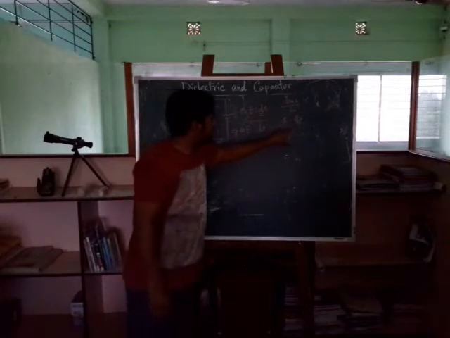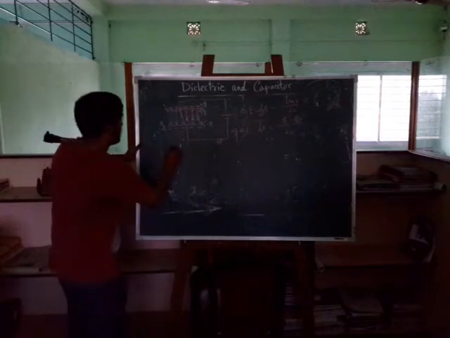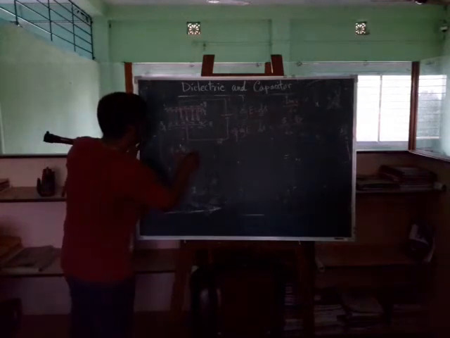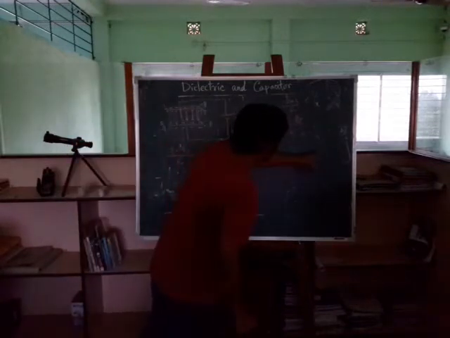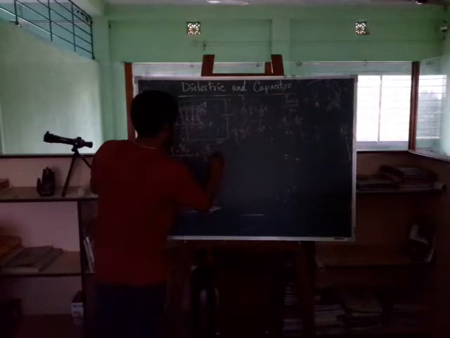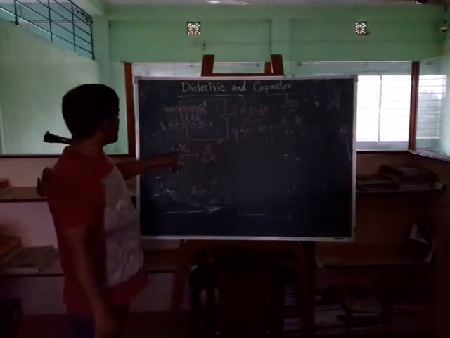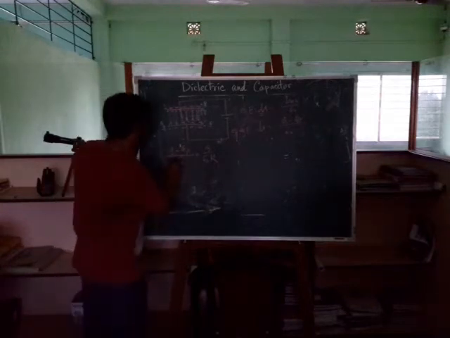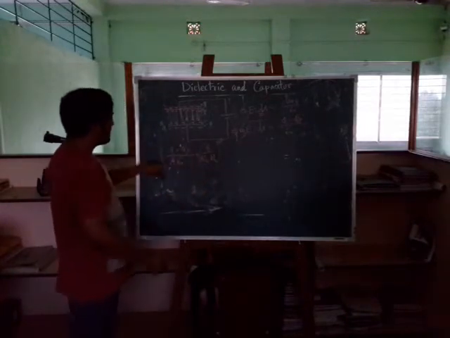Now Q minus QP by epsilon naught, we did that in the previous problem, and that was how much? That was Q by epsilon naught into K. If you go back to the previous one, you will see there we did this Q minus QP by epsilon naught, there was actually an A. That is the reduced field, that is the resultant field.